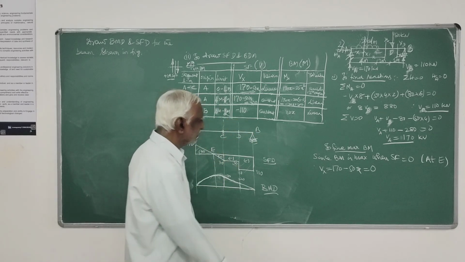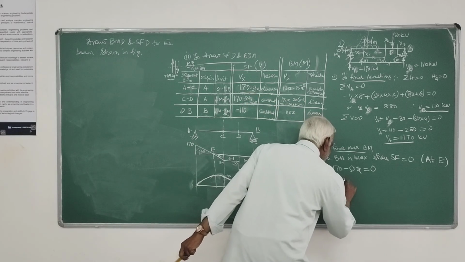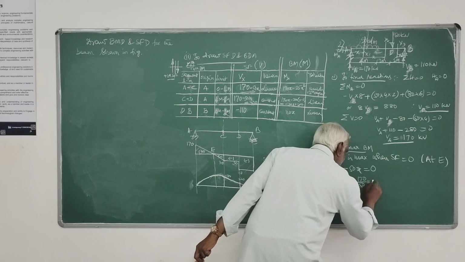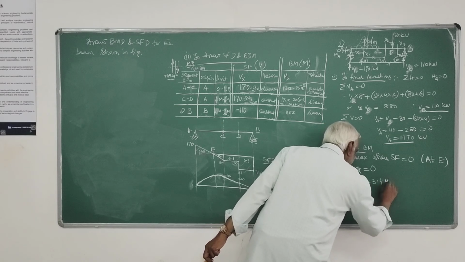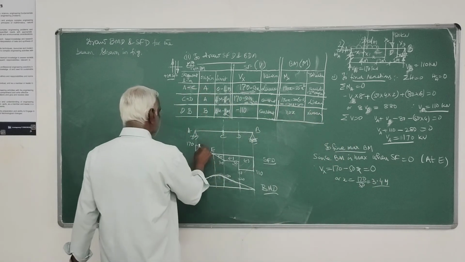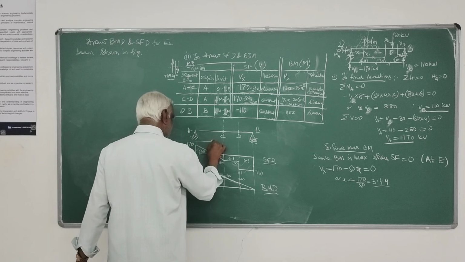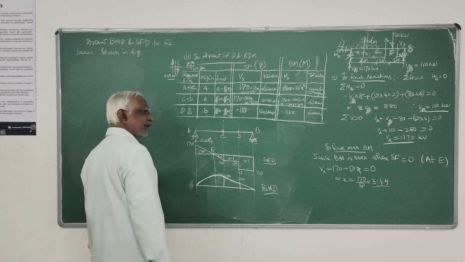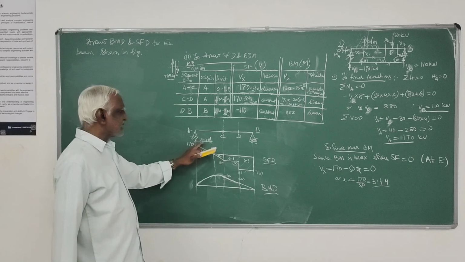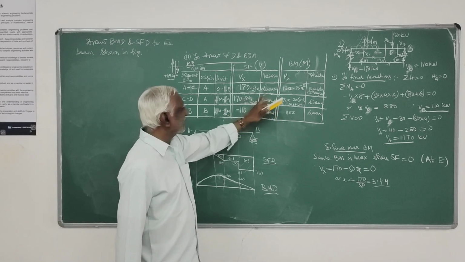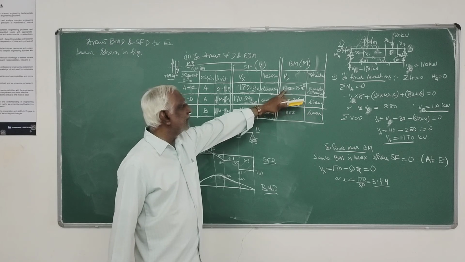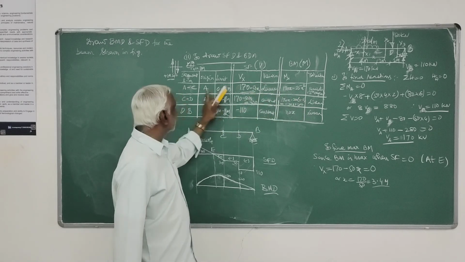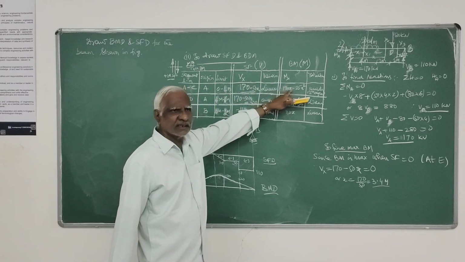So x is equal to 170 by 50, that is 3.4 meters. Put this x equals 3.4 meters in the corresponding bending moment equation, since it is coming in the AC region.